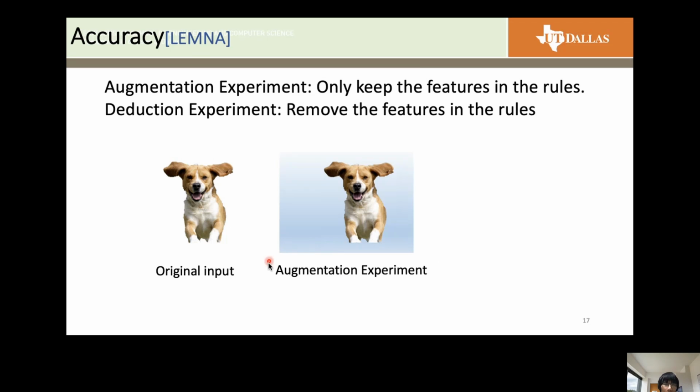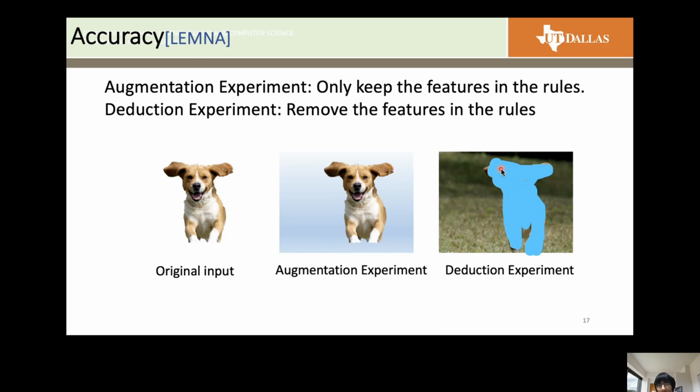For the deduction experiment, DENAS would remove the feature values from the original input and create a new input, like this. For both experiments, we want to see whether the newly generated input has the same prediction result as the original one, which means the identified rules can represent the decision-making of the neural networks.